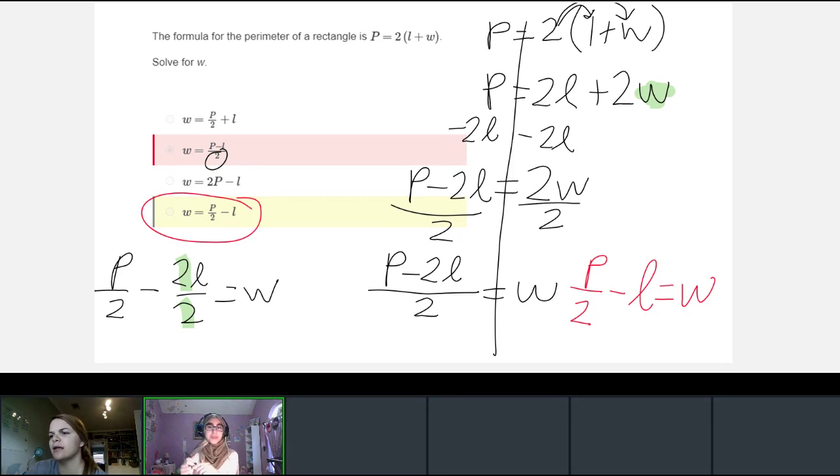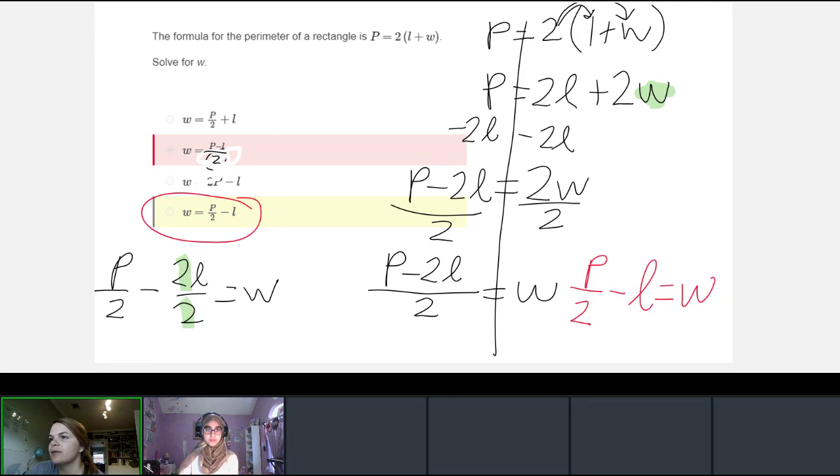What doesn't make sense to me is that originally L is getting divided by 2, and then in the answer, L is not being divided, it's just getting subtracted. Yeah, so it was divided, but it was 2 divided by 2, which then became 1. I understand what you're saying totally, and you were on the right track when you chose this top one up here, because you knew that it had to be divided by 2.